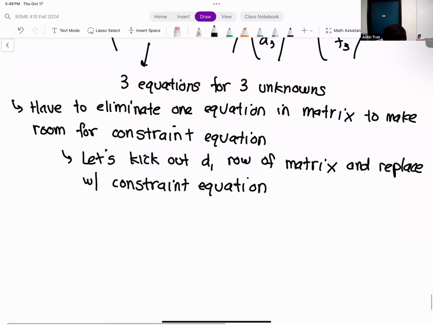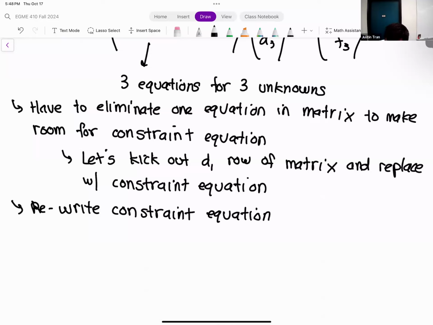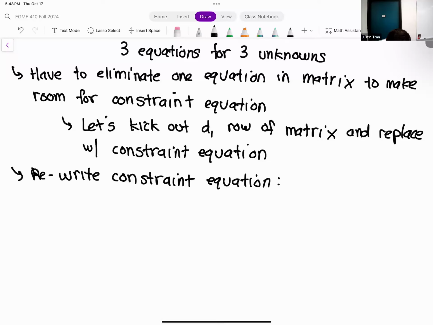So let's rewrite our constraint equation to be in a more appropriate form. This is going to look strange at first, but trust me, this is what's needed to plug it into our matrix. We start with D1 is equal to 0. Very simple.